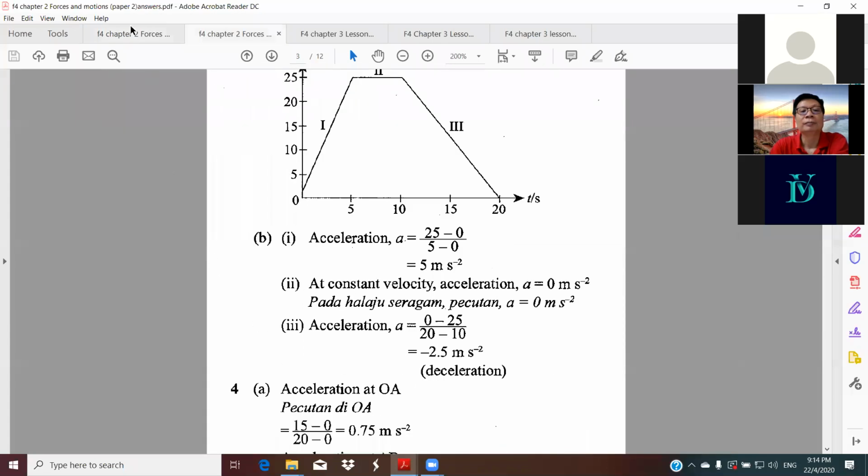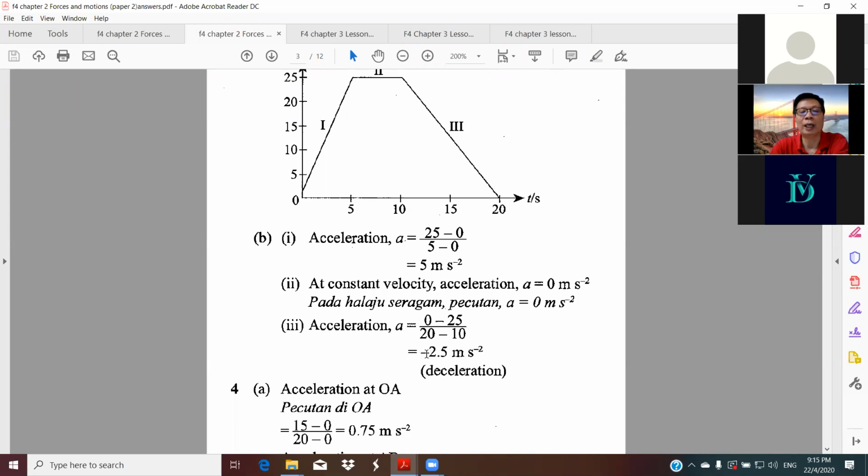First part is here. Find acceleration, so it's 25 divided by 5. Gradient, 25 divided by 5, so it's 5. Here, no gradient, so acceleration is 0. And this part is supposed to be deceleration, but you find the gradient also, 25 divided by 10.